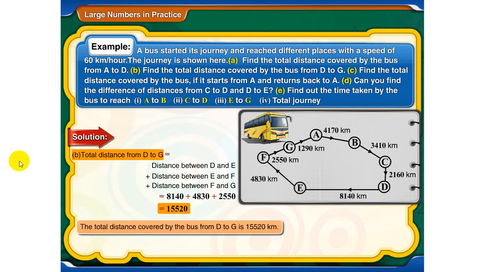Thus, the total distance covered by the bus from D to G is 15,520 kilometer.